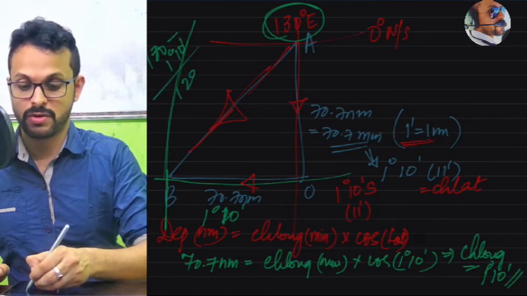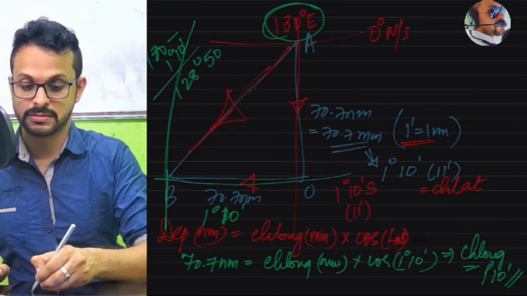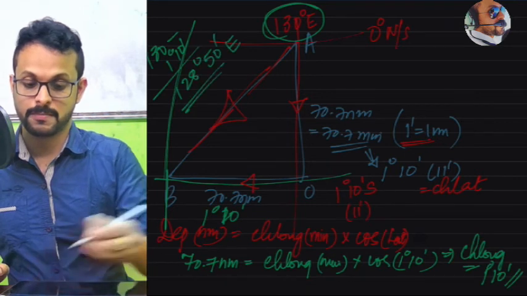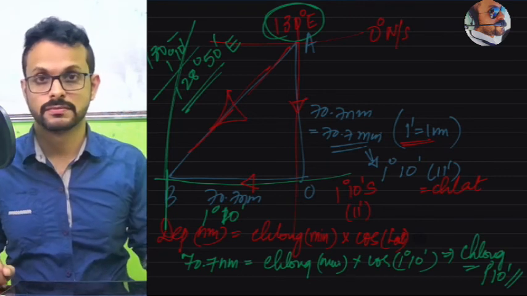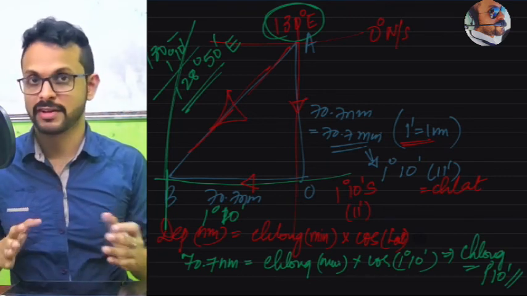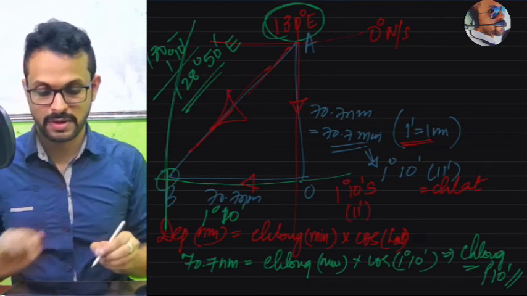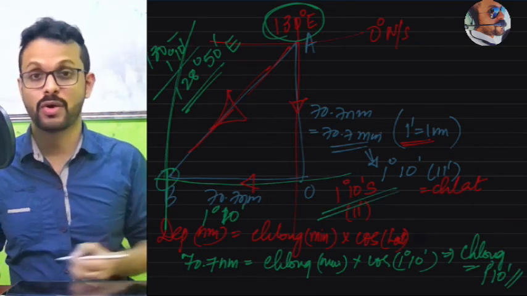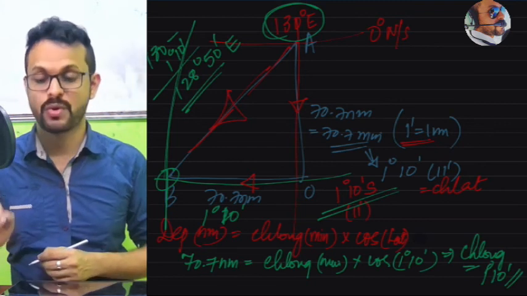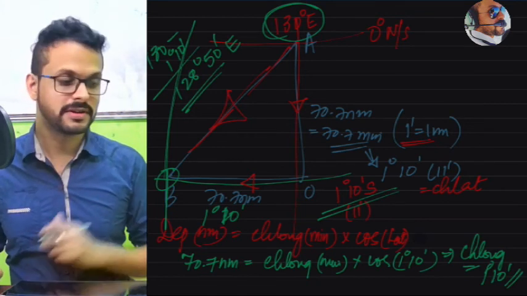That's going to be 128 degrees 50 minutes east. All right, so we derived the lat and long of point B straight away. You can see point B is on 1 degree 10 minutes south and 128 degrees 50 minutes east.